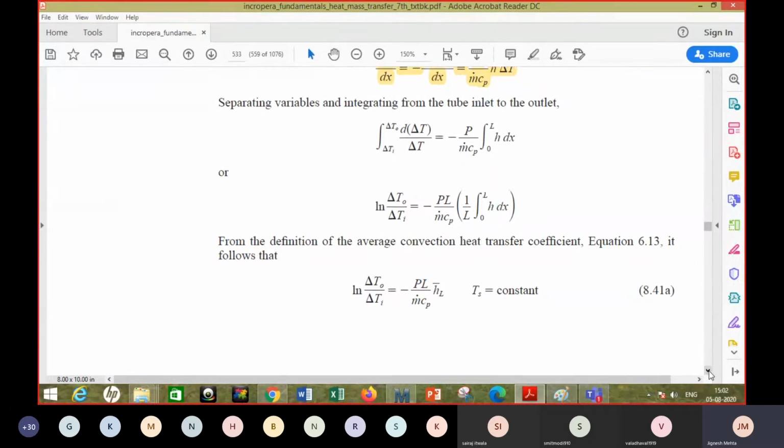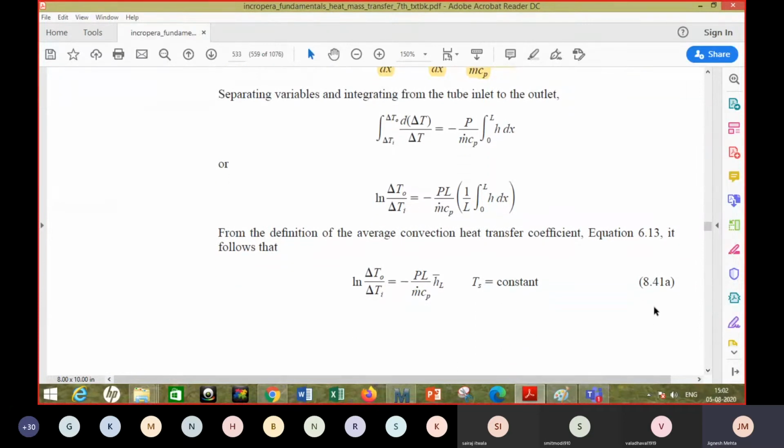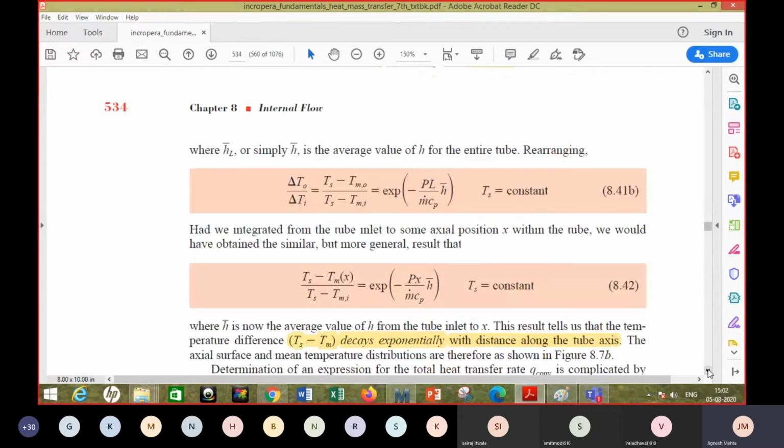That is what is written in the next equation, 8.41a. Here your Ts is constant. So delta To upon delta Ti is nothing but exponential of minus PL upon m dot Cp into h bar.